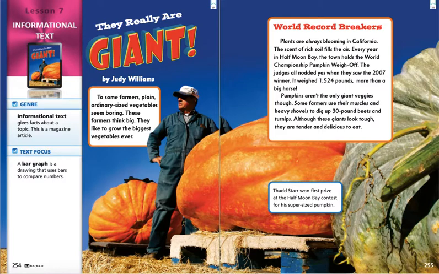Now, in The Ugly Vegetables, she was talking about Chinese vegetables. And in this story, they're talking about pumpkins and cabbages and things like that. But the stories are both talking about vegetables. And in this part of the story, it was talking about how the vegetables can look tough, but they're not really tough. They're tender and delicious to eat.